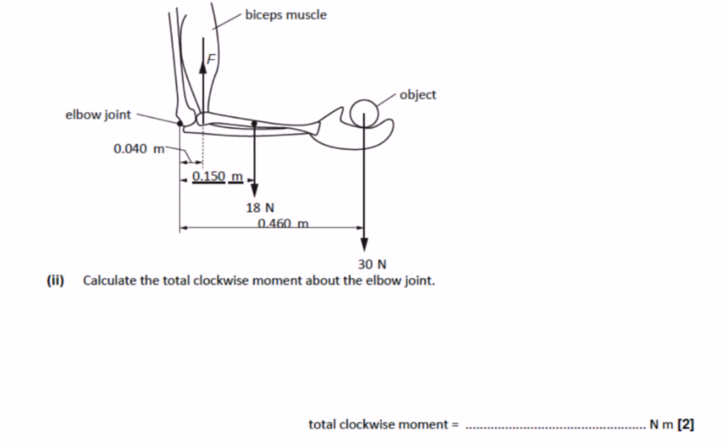Calculate the total clockwise moment about the elbow joint. Okay, so here's the elbow joint. Which of these forces are going to try and make it rotate clockwise? It's going to be that one and that one.